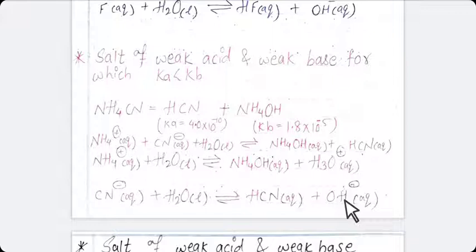So in this salt we get more OH- ion. That's why it is basic in nature and turns red litmus paper blue. So it is the second type of salt which is made by weak acid and weak base and having the Ka value lower than Kb.